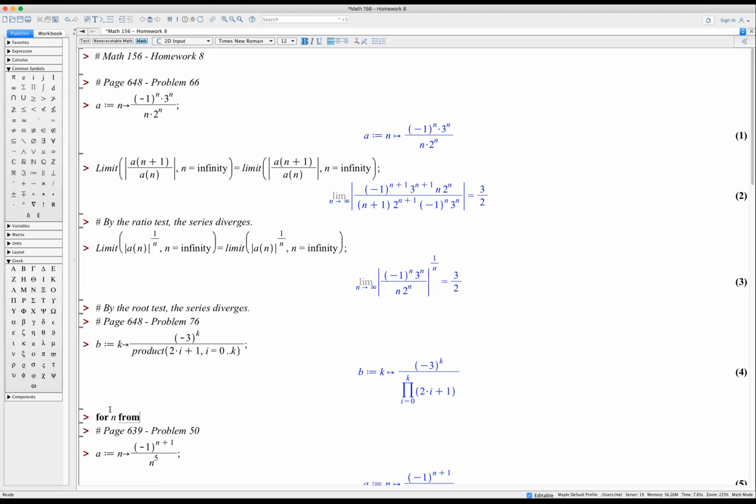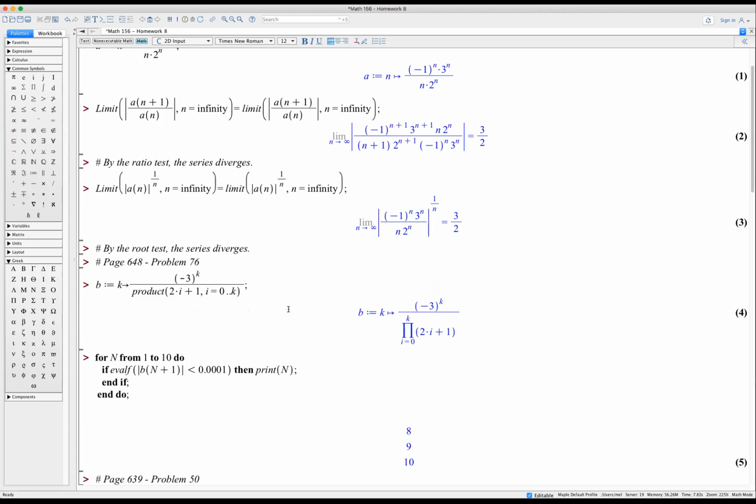So I can say for n from, I don't know, let me use a capital N from 1 to, I don't know, 10 do, and if the absolute value of B of n plus 1 is less than 0.0001, then print n. Let's see what happens.